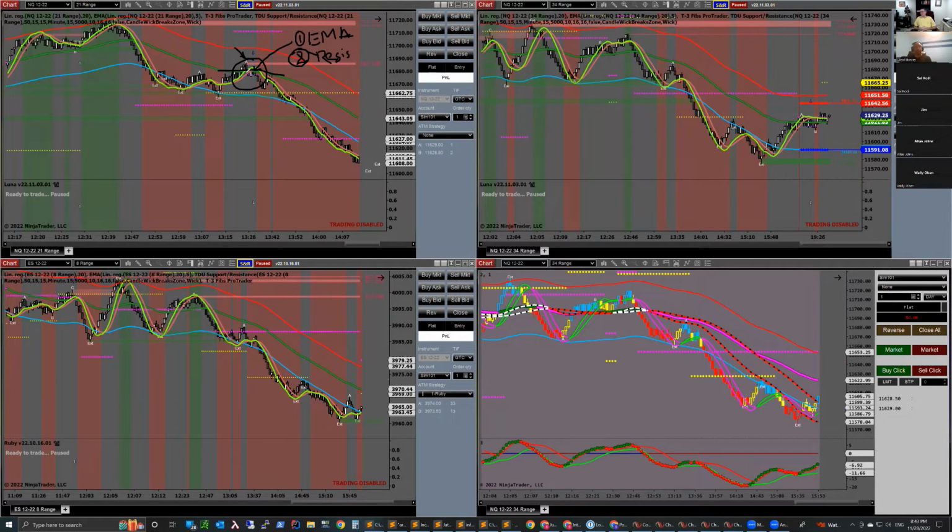So now let's see what exactly happened at around 1330 on the higher time frame chart, which is the 34 range chart for NASDAQ. So 1330 is somewhere right there, right? As you can see, the EMA 55 is moving down already steeply. You already have a red zone in place.